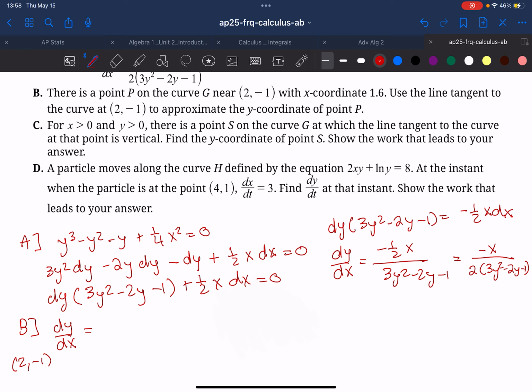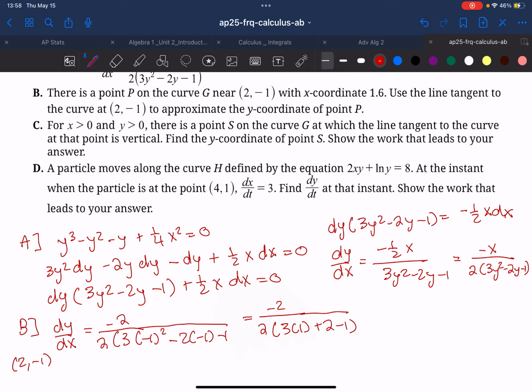So this gives us negative 2 over 2 times (3 times negative 1 squared minus 2 times negative 1 minus 1), which is equal to negative 2 over 2 times (3 times 1 plus 2 minus 1), which gives us negative 2 over 8, which gives us negative 1/4.